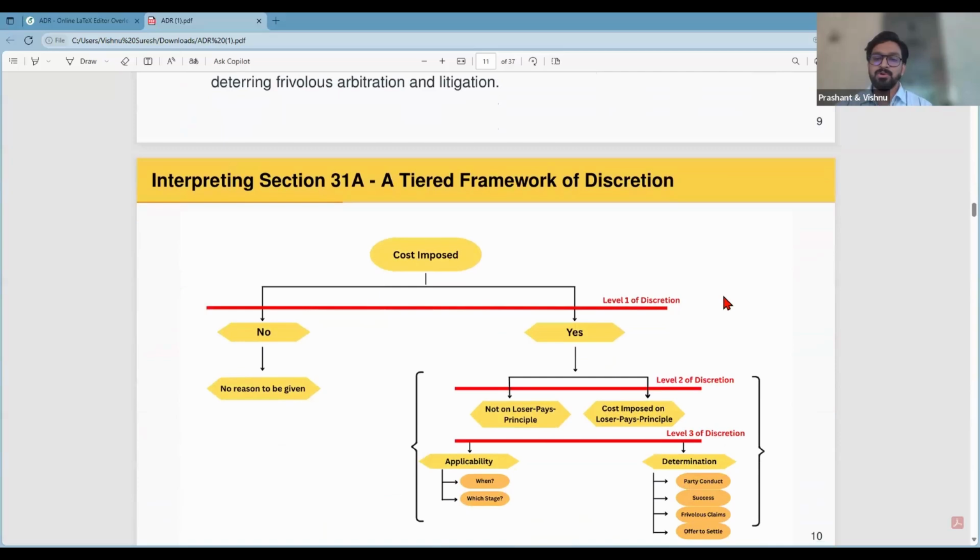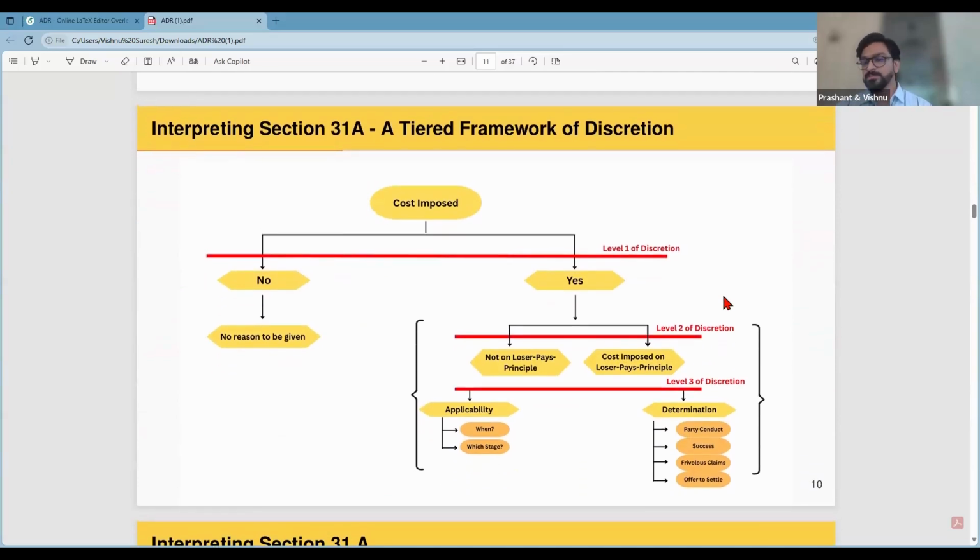Here, I want to take your attention to this flow chart, which shows how to interpret Section 31A. This is important because we have identified three levels of discretion, which matter for understanding the effectiveness of Section 31A.